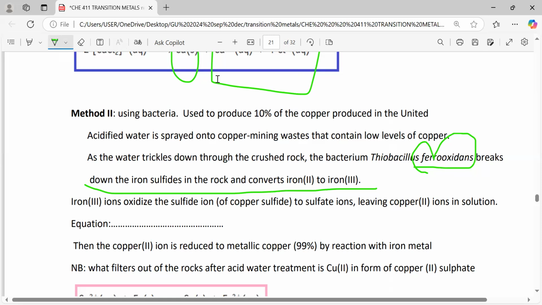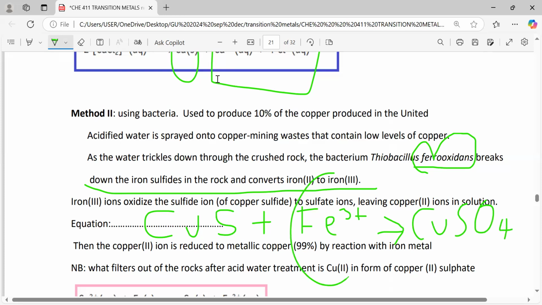So the iron 3 that has formed now oxidizes the sulfide in copper sulfide to give you copper sulfate. And this makes our copper dissolve into water. So ordinarily, copper sulfide there with our iron 3 plus to give us copper sulfate.